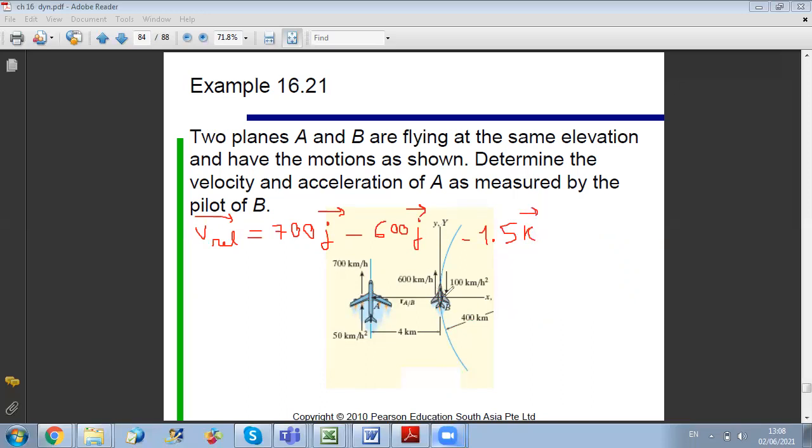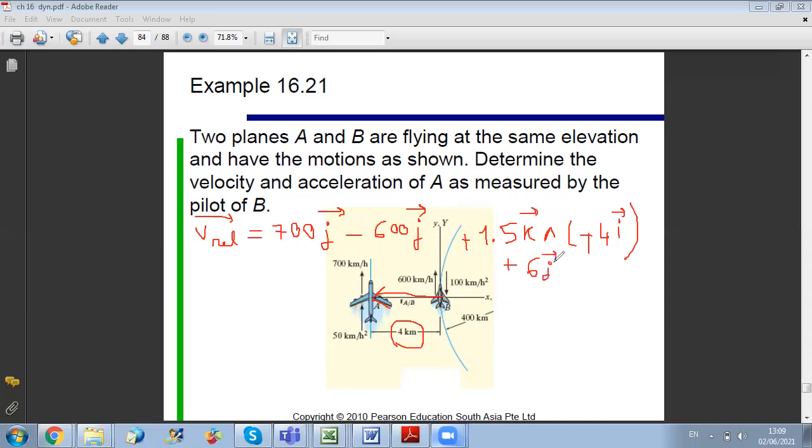If I look at my figure, BA is along negative i, and the unit should be in kilometers because we are using kilometers and hours. So it's vectorial minus 4i. Now, this term we have minus minus plus, and k vectorial i will give us plus j, and 1.5 times 4 we have 6, so this term is plus 6j.